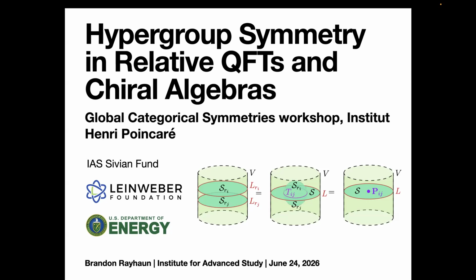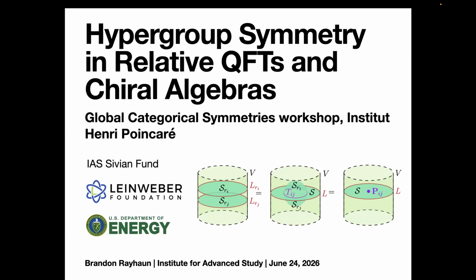And then what you should imagine is that you have S3, S1, S2, and some trivalent junction that links the surfaces, and you collapse this bubble down to a point, and you'll get some number out here.